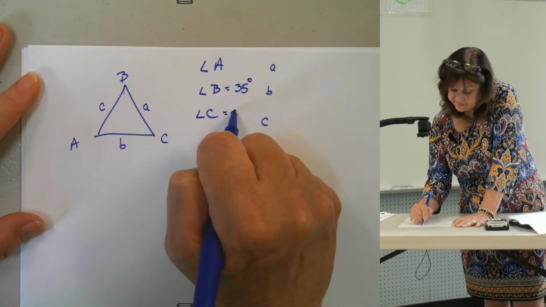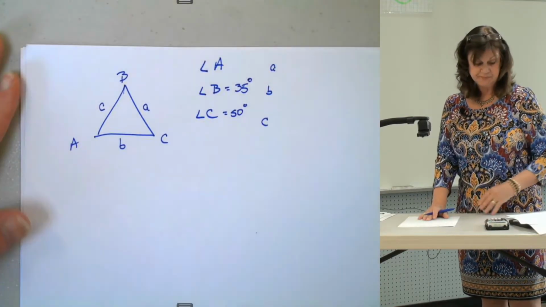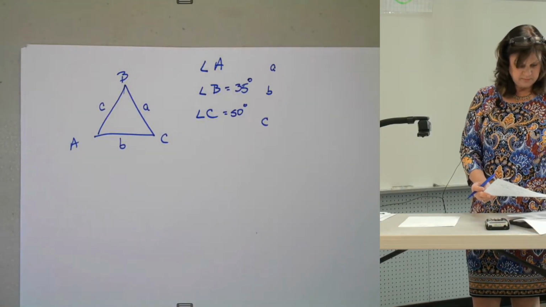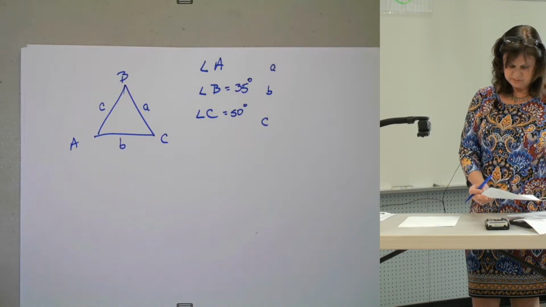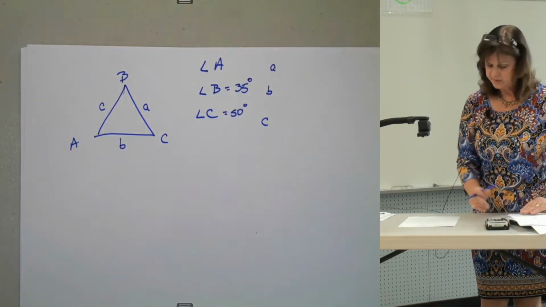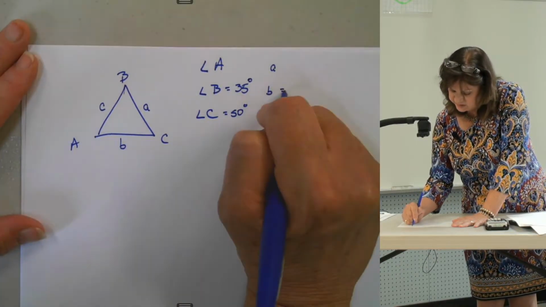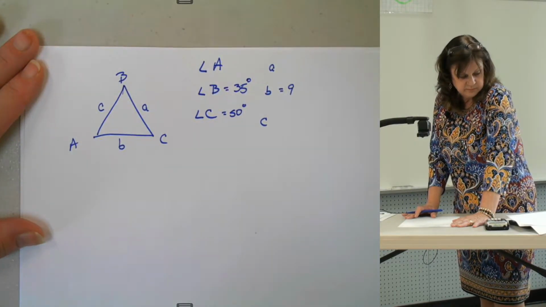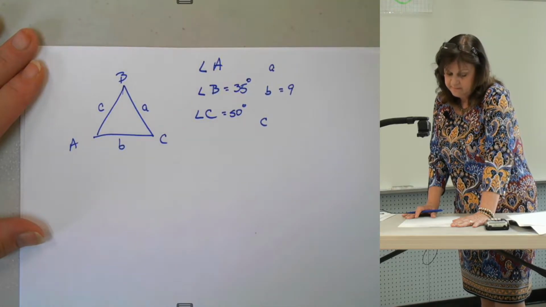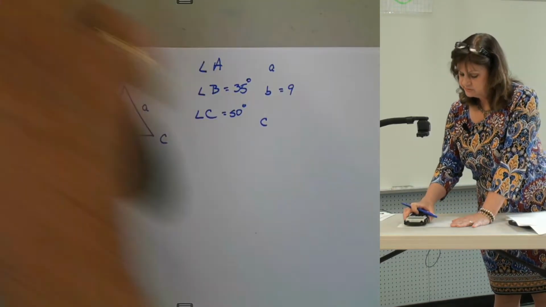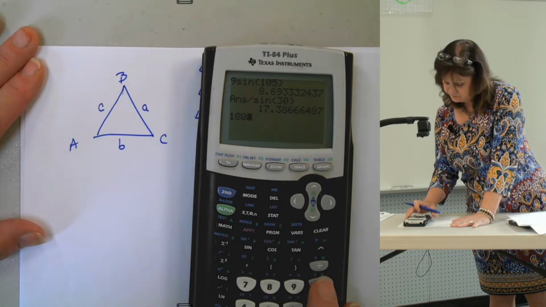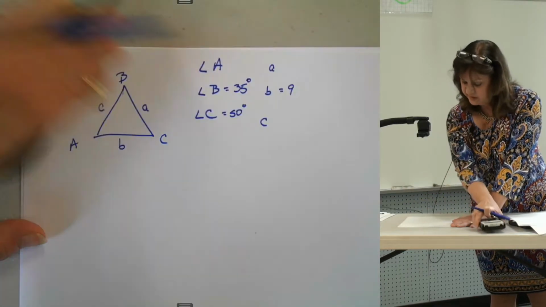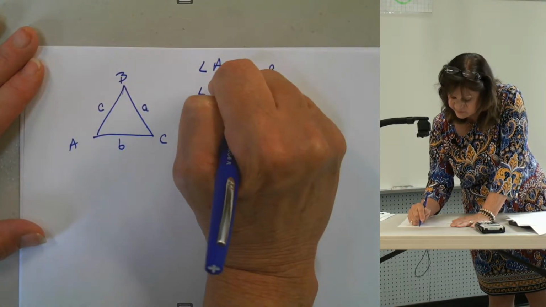Angle C is 50 degrees. And side B is 9. Okay, so angle A, well, of course, we've got 180 minus 35 minus 50. So I've got angle A is 95 degrees.